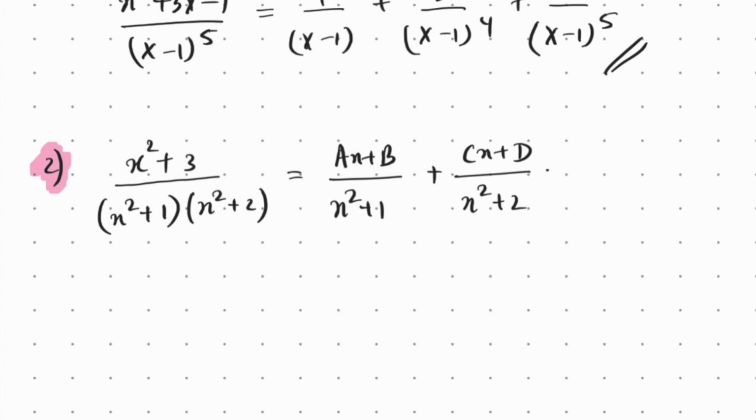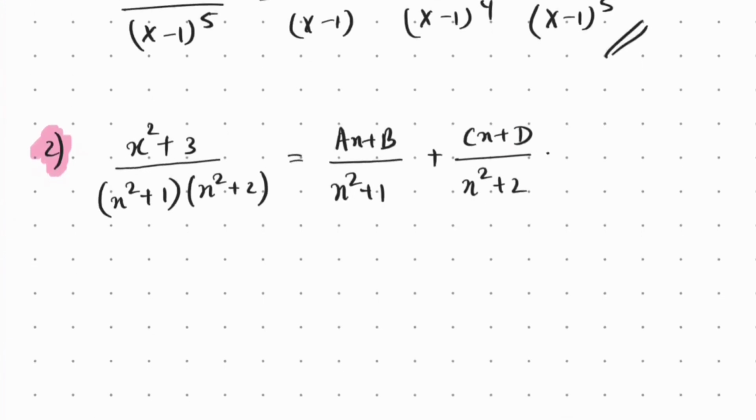And you will do some simplification and try to find A, B, C, D. Okay, but if you look carefully, the question does not have any x's in it. It only has x squares.